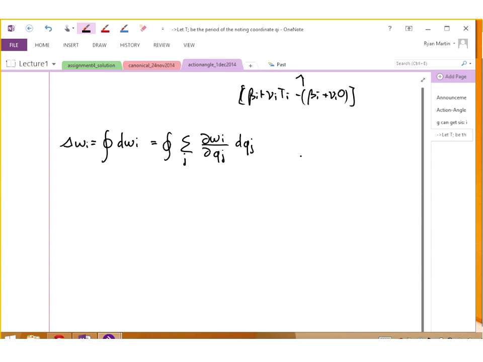So that's equal to the integral over one period of the sum over j. And now the dWi by dQj, remember the definition of Wi was di capital W by di capital Ji. So I'm going to keep the di by dQj, but the lowercase Wi I'm going to write as di capital W by capital Ji. That was the definition of Wi.